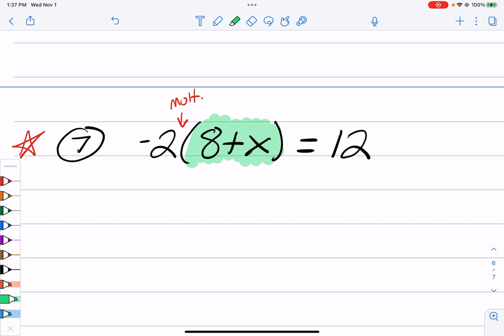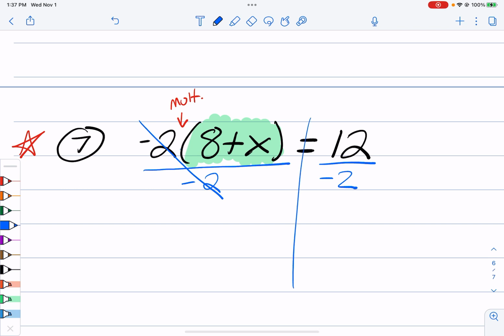Don't you worry. So one of the ways that we can deal with this is if I want to get rid of the multiplication of -2, I can first divide both sides by -2. That will help me reduce my -2's. Anything divided by itself is 1. So I am now left with 8 plus x equals -6.